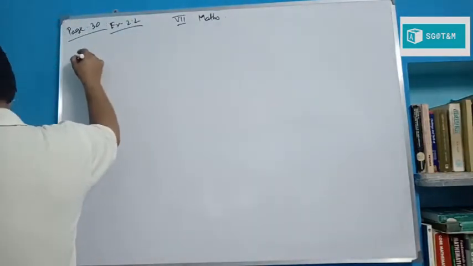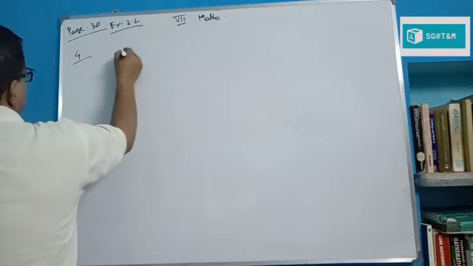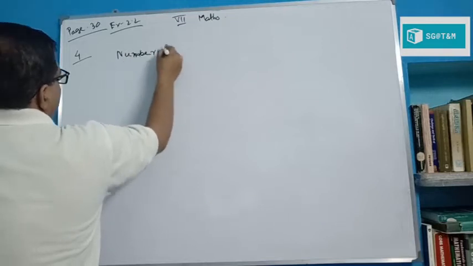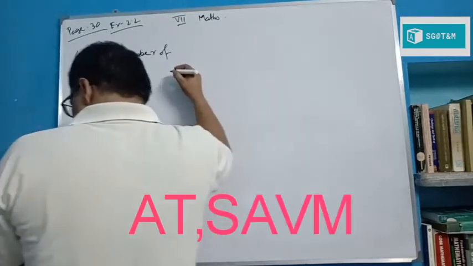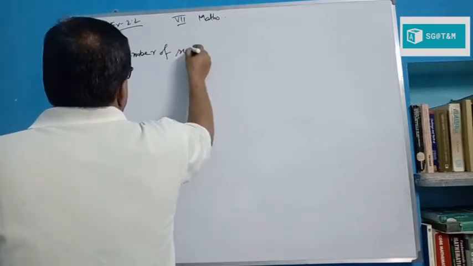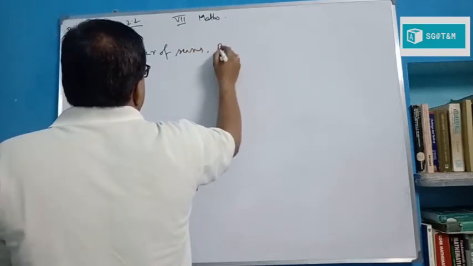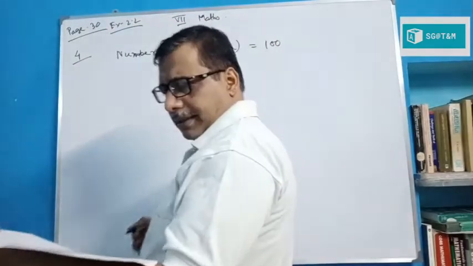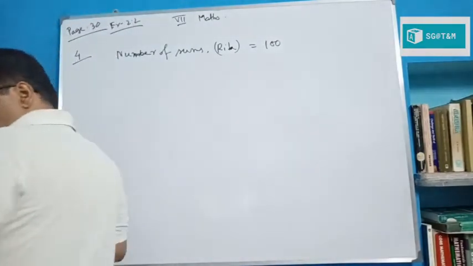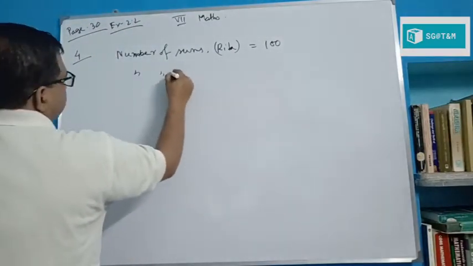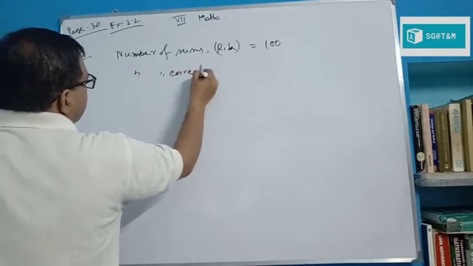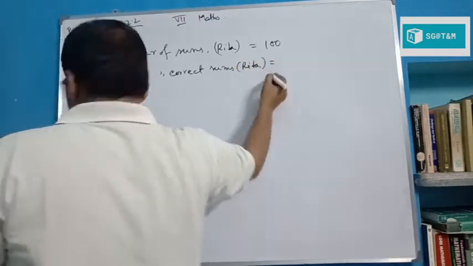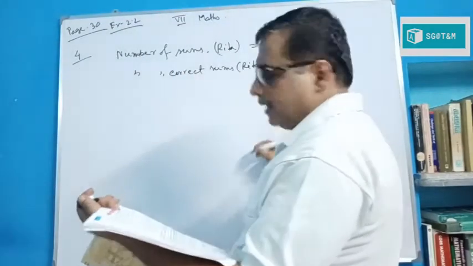Number of sums for Rita: total is given as 100, and the number of correct sums is given as 60.